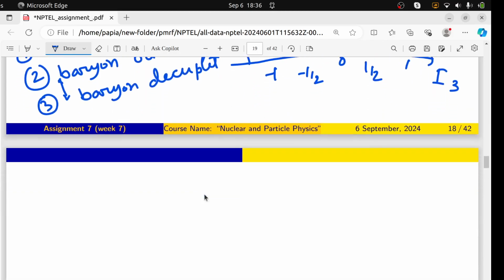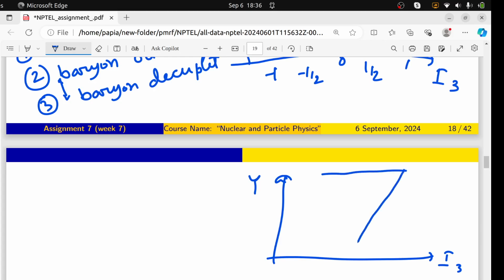So we have to take care about these parallel lines on I3. Similarly for the decaplet, in that plot you can see a similar pattern. Whatever 1, 2, 3, 4 particles there are: delta minus, delta 0, delta plus, delta plus plus. Here 3 particles, here 2 particles, and here 1.